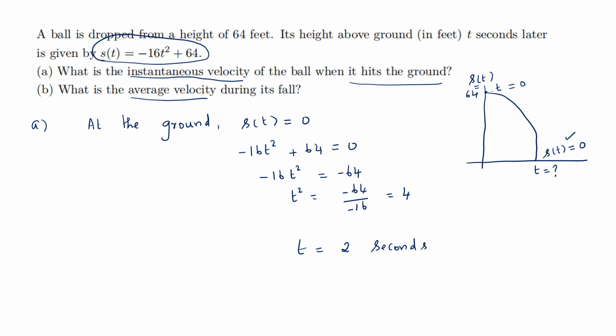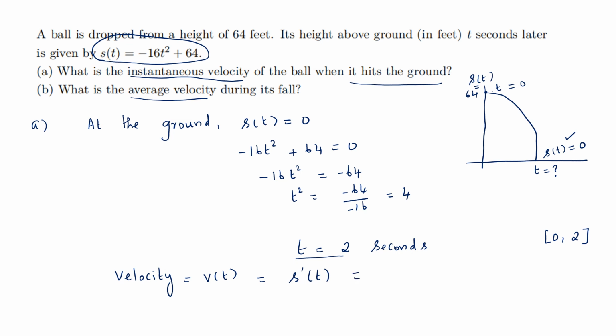So what is the time interval? Starting time is 0, ending time is 2. So at the time 2, what is the velocity we have to find out? So velocity, notation is v of t, equal to, the rule is the first derivative of s of t.